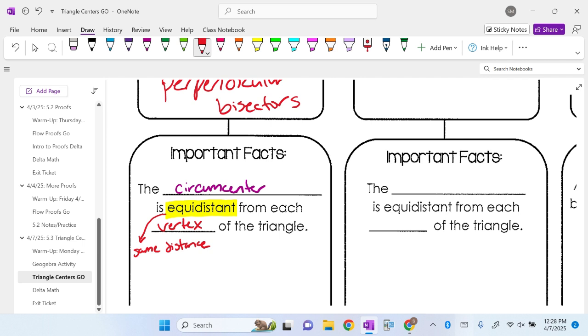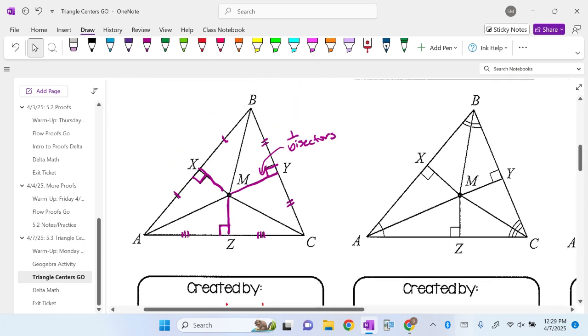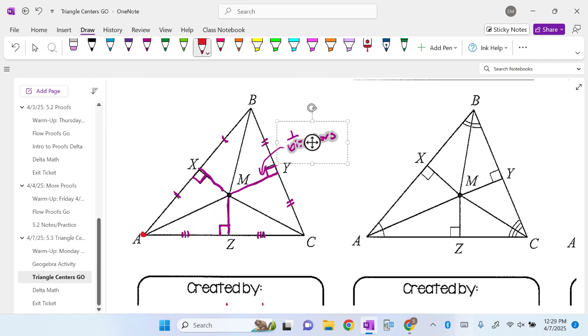So, what are the vertexes referred to as? On these triangles, where will my vertexes be? My vertexes of the triangle, or vertices of the triangle, what letters are they? Are they A, B, C, or X, Y, Z? A, B, C. So, these points right here are my vertices, basically where the tip of the angles of each triangle are.